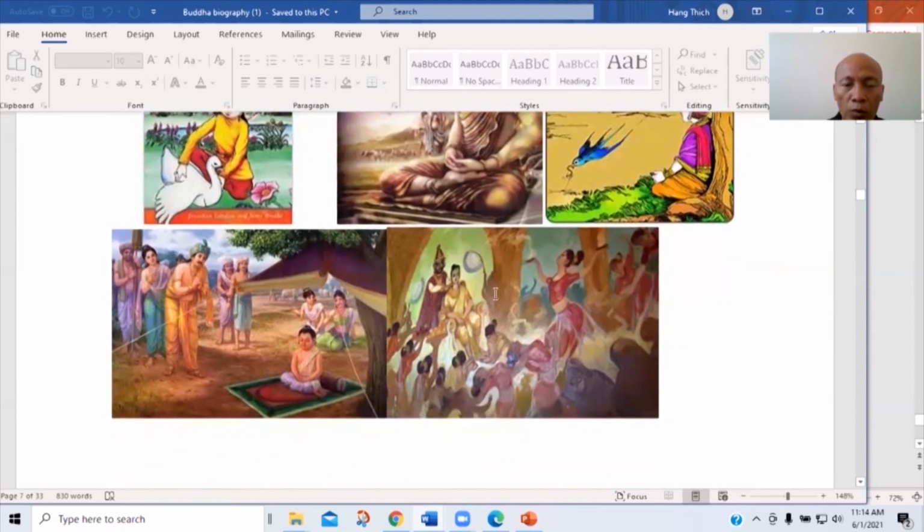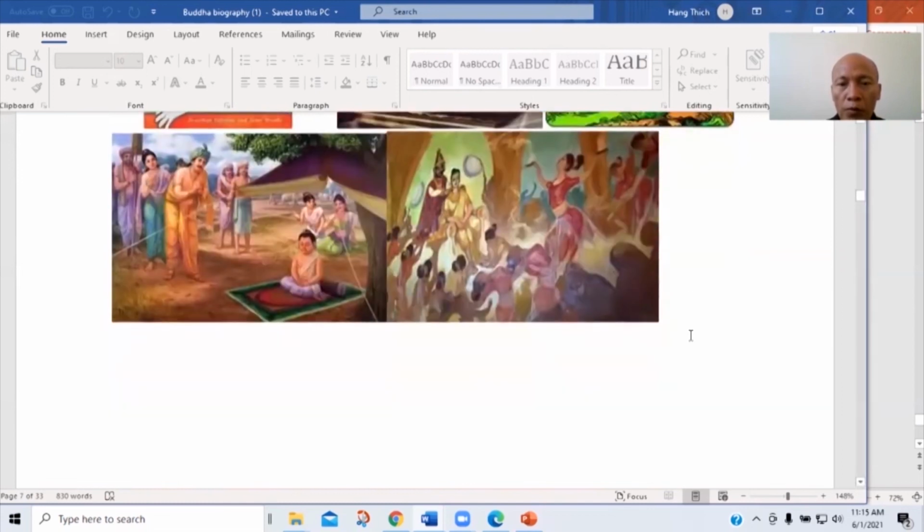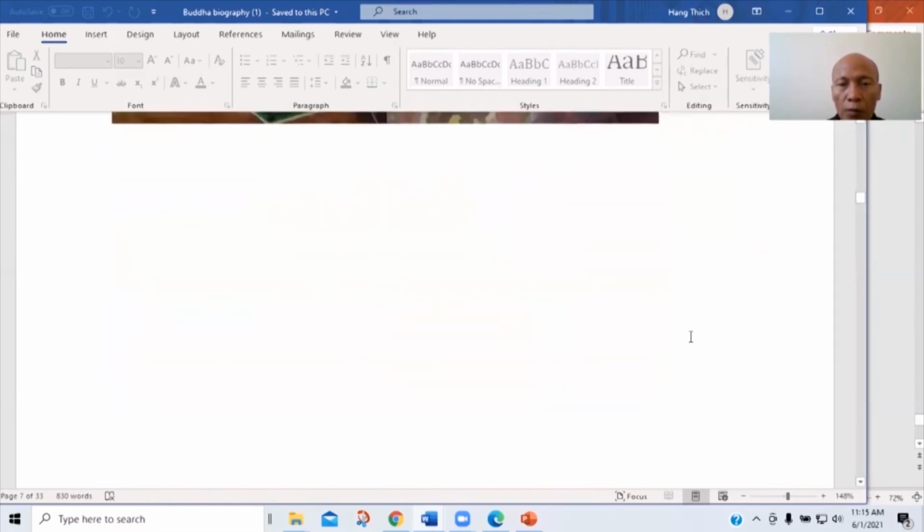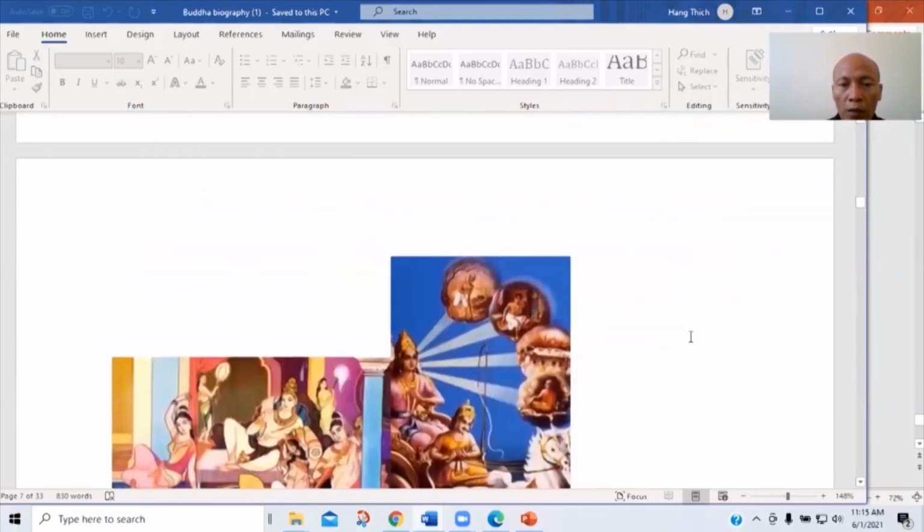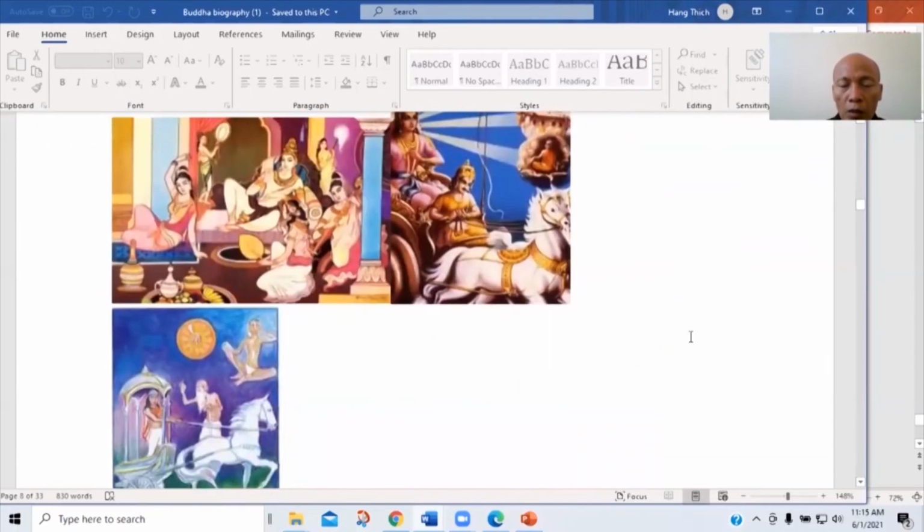And when he was getting older, you see the scene here. His father erected three palaces for him: for winter, fall, and summer, for him to enjoy his life, with the purpose of keeping him in the secular life.